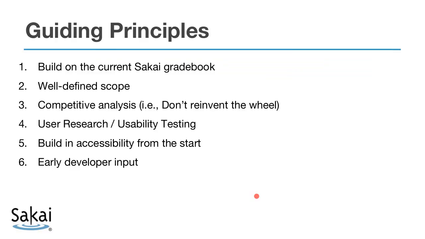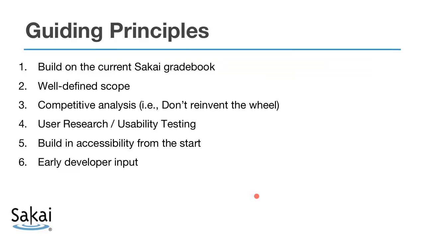When it came to interactions and design, we looked to other LMS grading applications, as well as traditional spreadsheet applications like Excel, Google Sheets, etc. We didn't try to reinvent the wheel here because ultimately, all these other platforms and products have invested a great deal of time and money into their user experiences, and we can benefit from their knowledge. Also, this competitive analysis ensured that we were delivering workflows that were ultimately intuitive and familiar for our users.